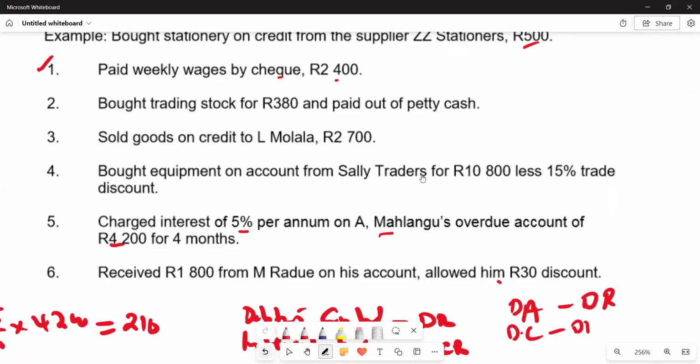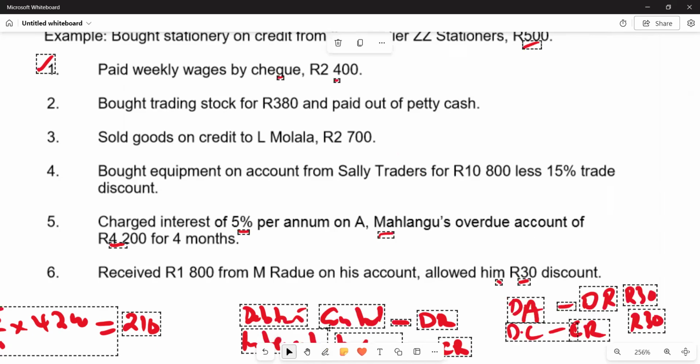We credit the debtors control, and with what? With 30 rand. That is the double entry for the discount. But for the 1,800, we are saying we are debiting bank and then we credit debtors control. So this is the double entry that way. So let's just go there and then identify the double entry.